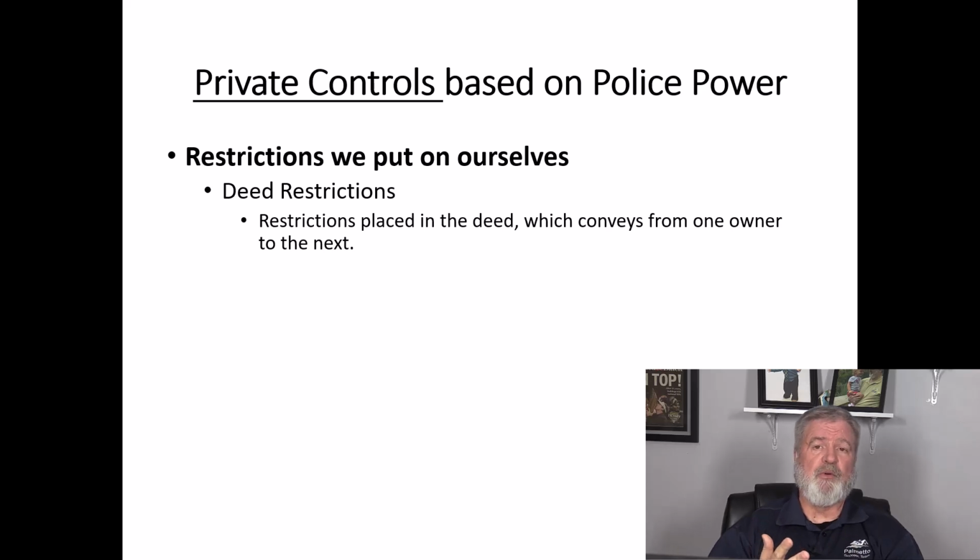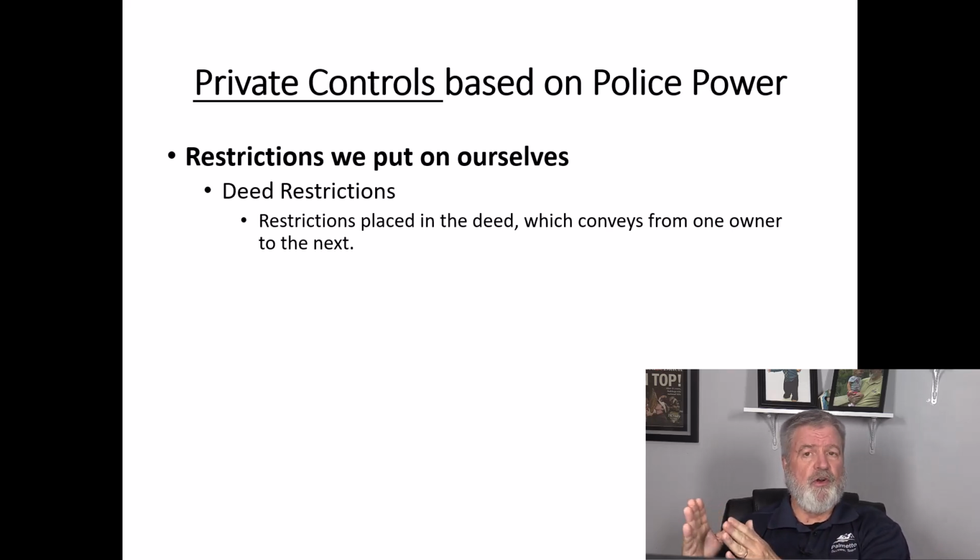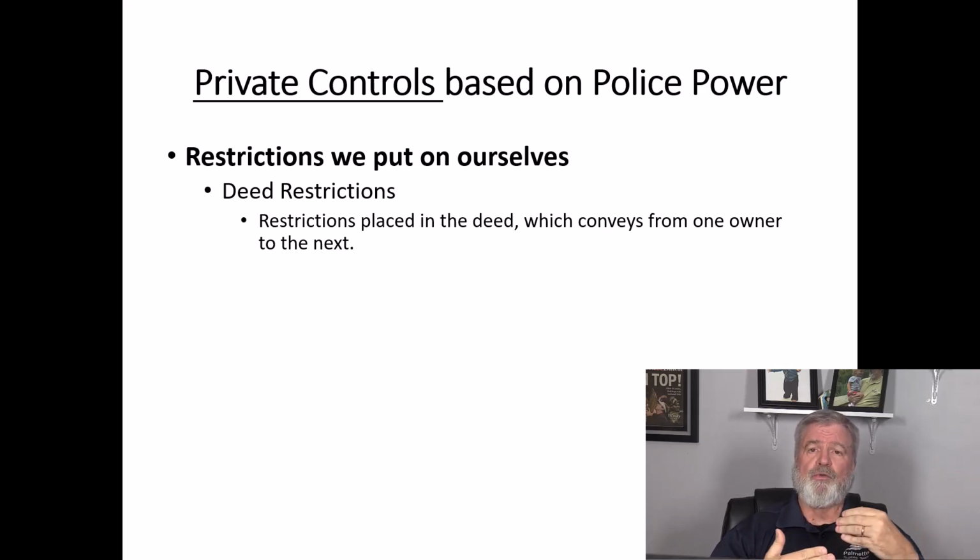You must be able to identify which types of police power is considered a public control versus which type is considered a private control. And what they're talking about, if it's public, they're talking about the government. These are controls that were put on us by the government. Those are public controls.